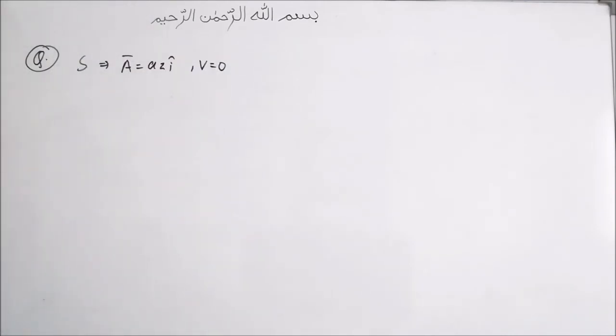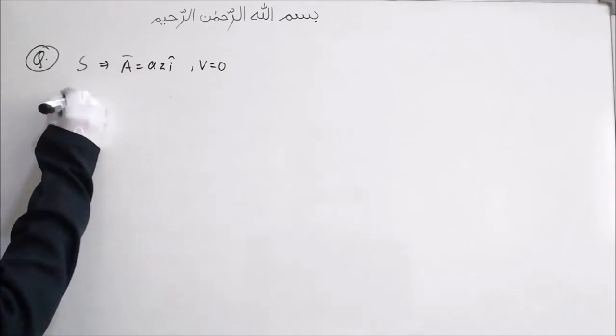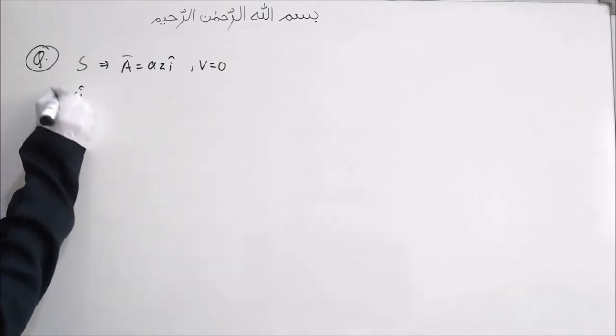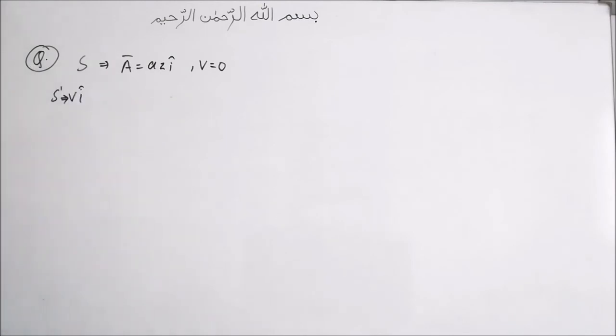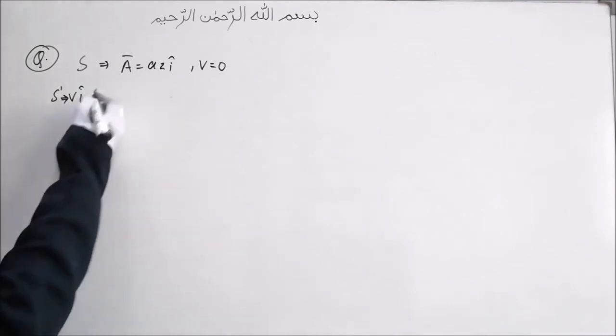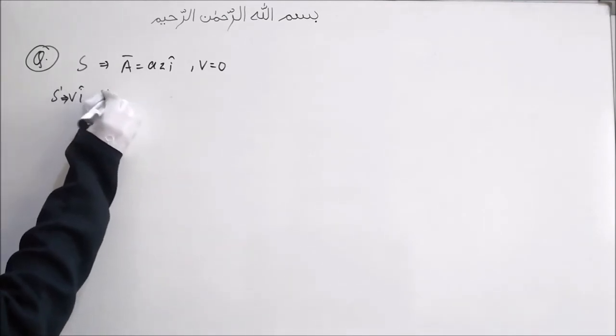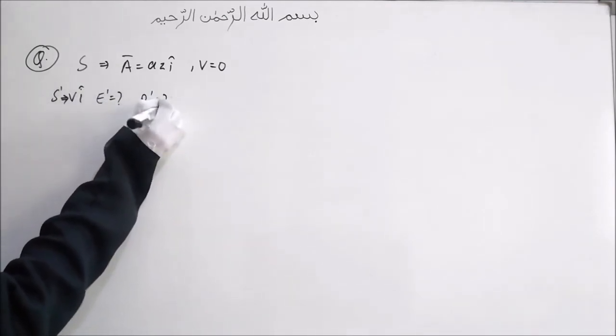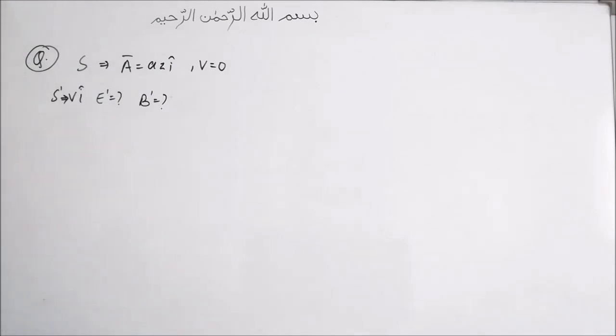The electric and magnetic fields seen by an inertial observer moving with velocity V I hat, that is some S dash frame which is moving with velocity V I hat with respect to S, are what? We have to find E dash and B dash in S dash. How do you find E dash and B dash when A and V are given in S?